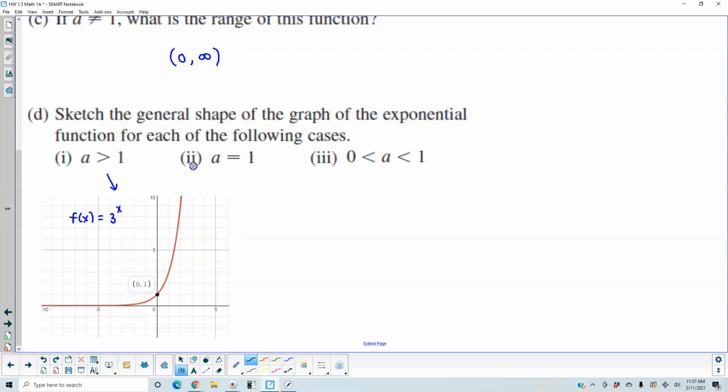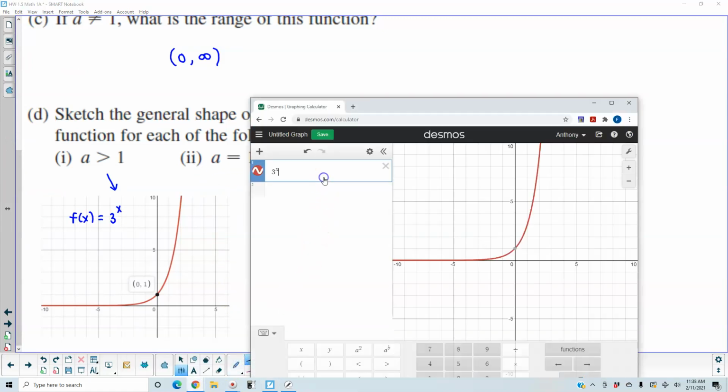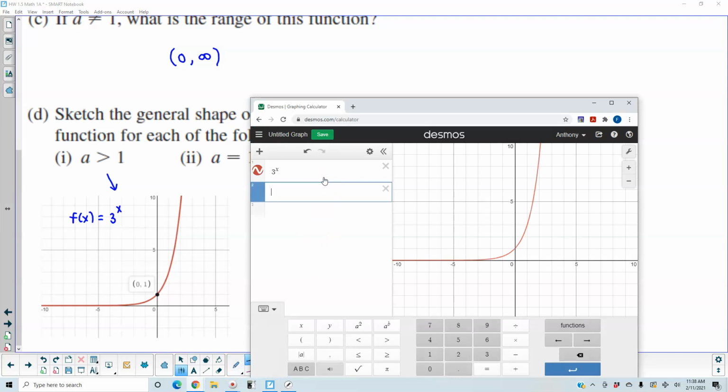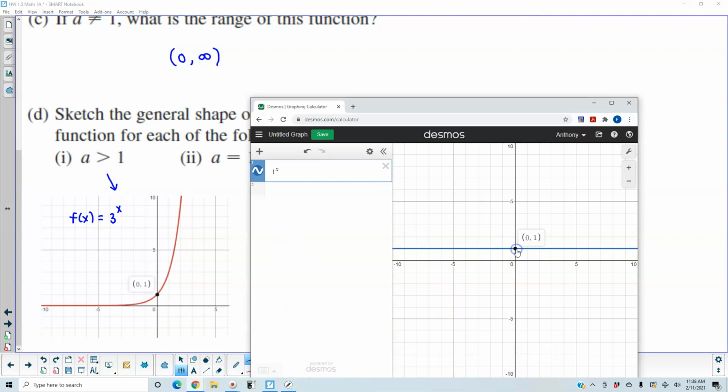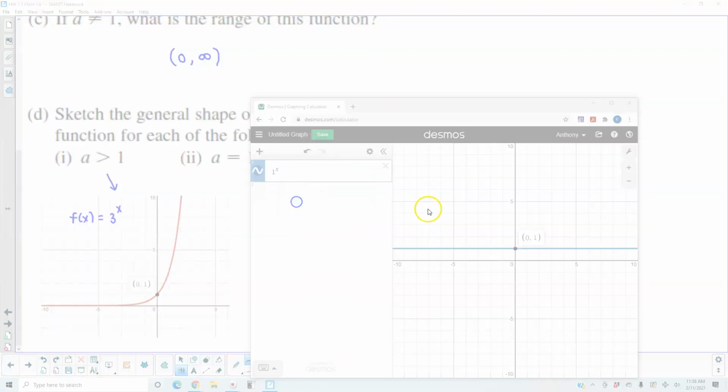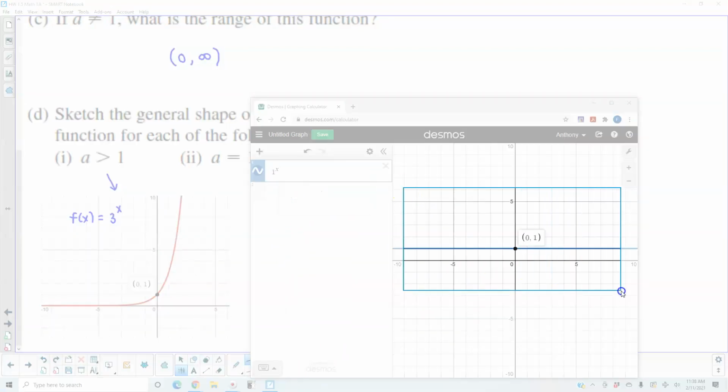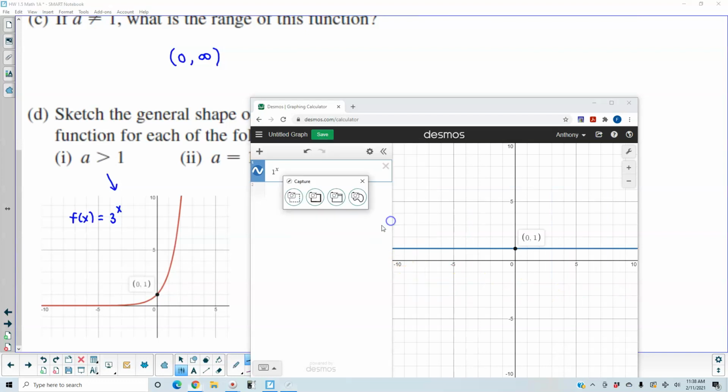Now we want to see when the base is equal to 1. So let's go ahead and do that. Whenever we have 1 to the exponent of x, then we get a horizontal line. So therefore, it's going through the point 0, 1, but it is a horizontal line.